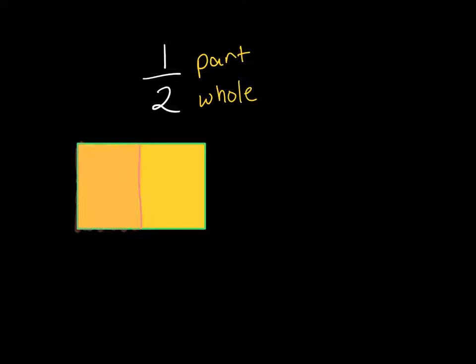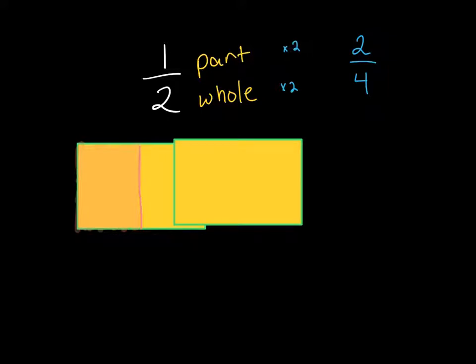Now to find an equivalent fraction, we multiply both of these by the same number. Let's do them by 2. That would give me 2/4. So let's use the same rectangle.